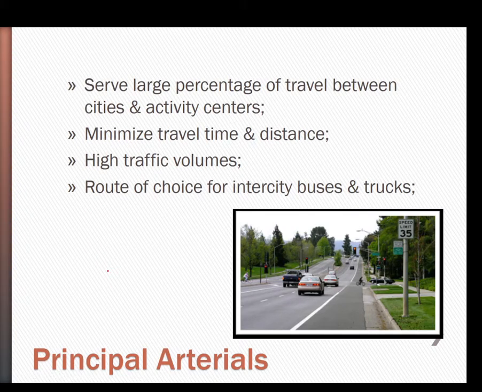Now let's talk about the three of them. Actually, the three of them are classified into more. When we talk about arterials, we actually have two types of arterials, and it's now subclassified. We have principal arterial and minor arterial.